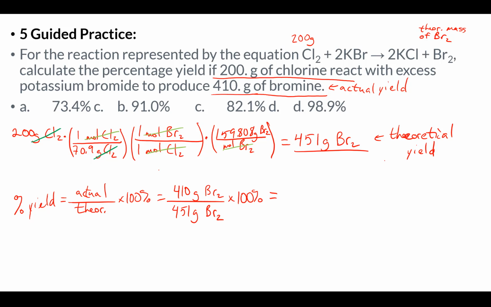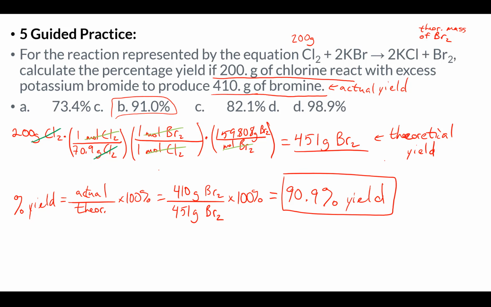Plug that into a calculator. We get 90.9% yield. That's it. I guess it would be 91%. The difference between my answer and the multiple choice answer is probably some of the rounding that must have been done.